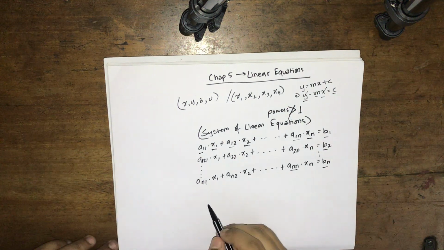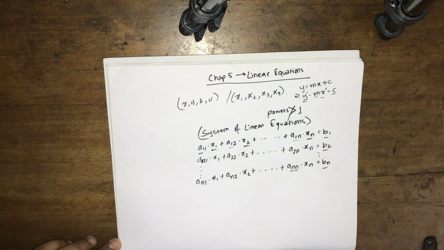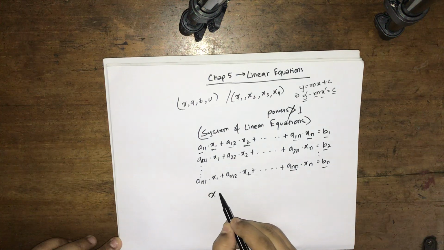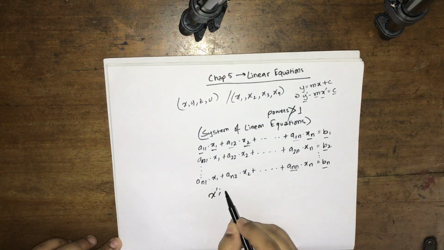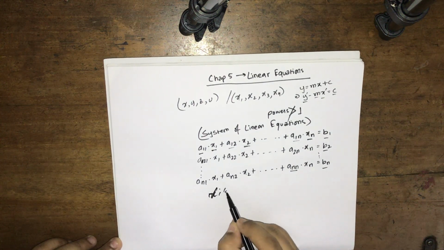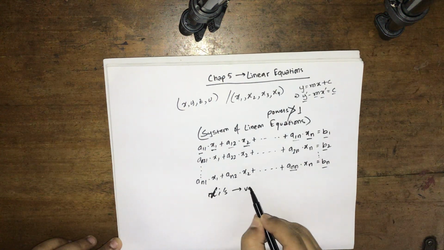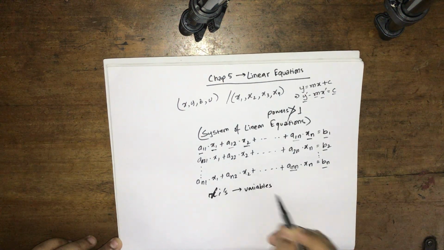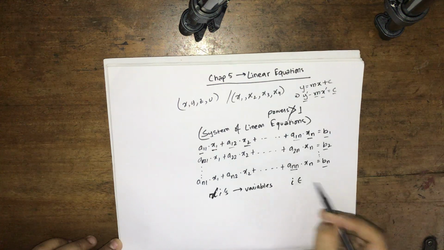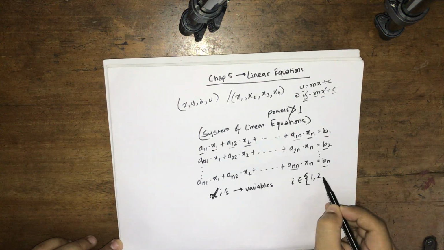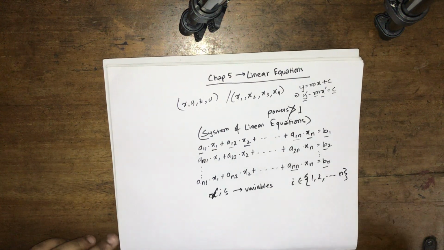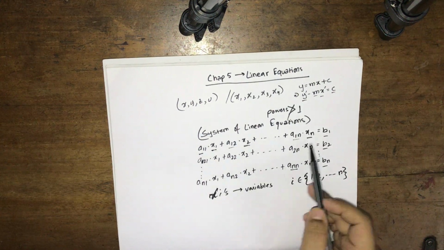In this system of linear equations, the xi's are my variables, where i belongs to the set 1, 2, up till n, right? Starts from 1, goes up till n.